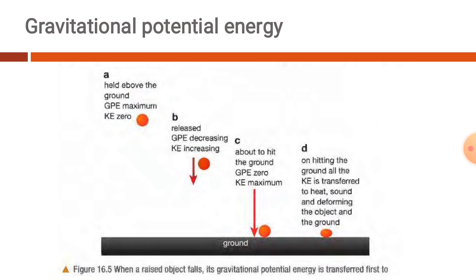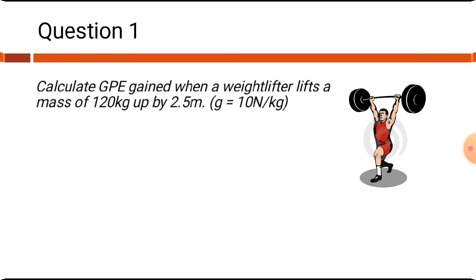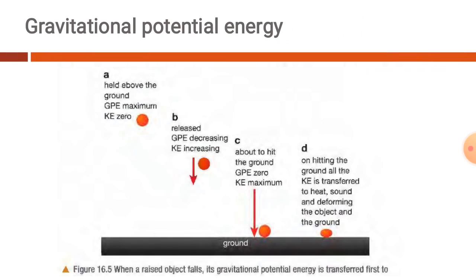There are four different stages here, A, B, C, D, which you have to understand. The first stage, A, is an example of a ball of a certain mass.